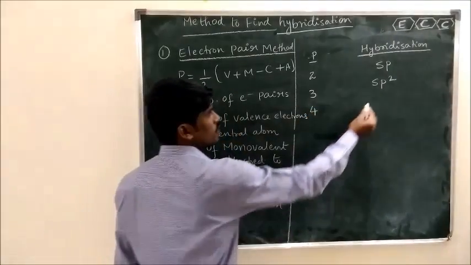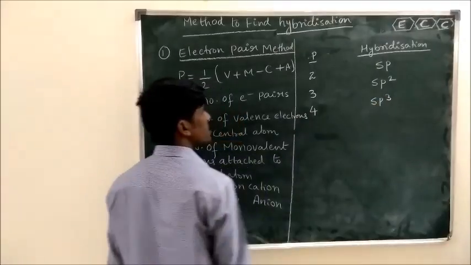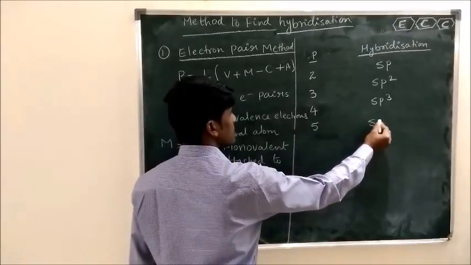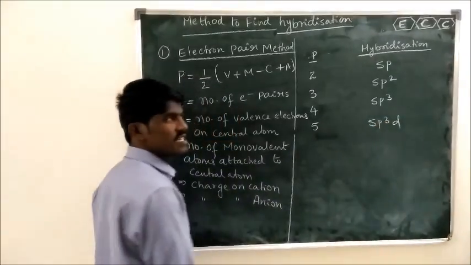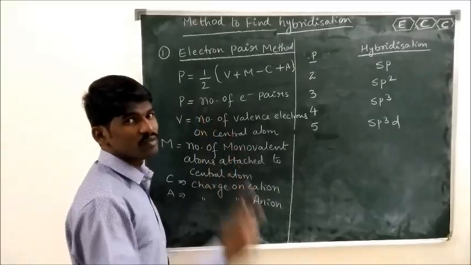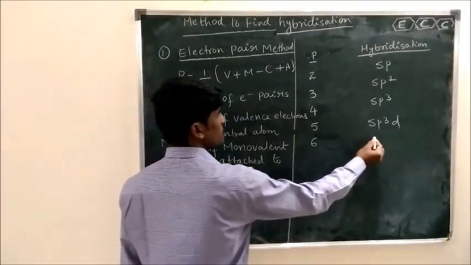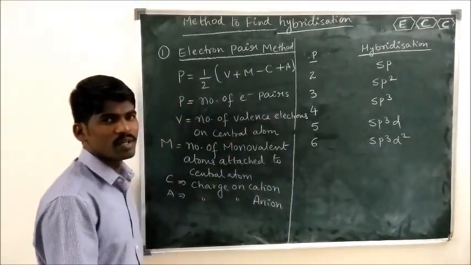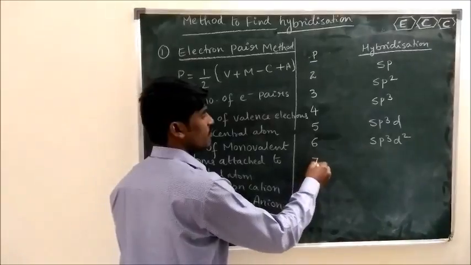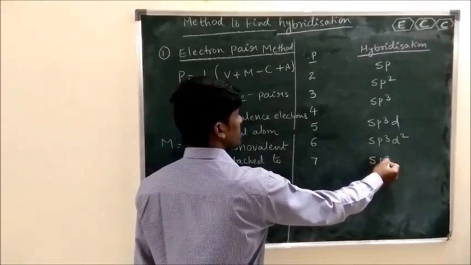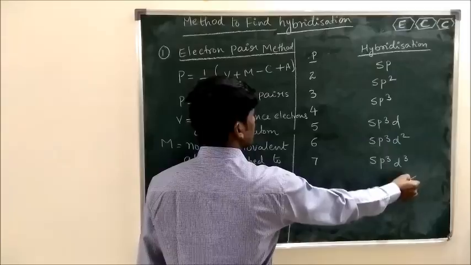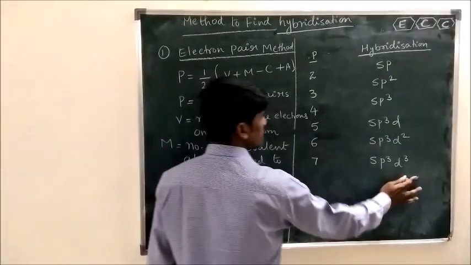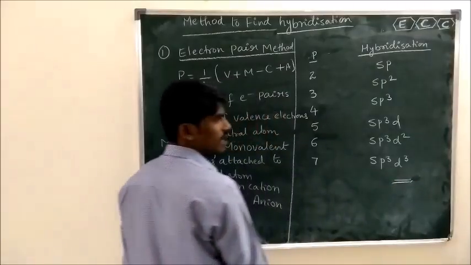If P is equal to 4, hybridization is sp3. If P is equal to 5, hybridization is sp3d, 1 plus 3 plus 1. If P is equal to 6, hybridization is sp3d2, 1 plus 3 plus 2 is equal to 6. If P is equal to 7, hybridization is sp3d3, that is 3 plus 3 plus 1, which is equal to 7. Right? Like this we can find out the hybridization.